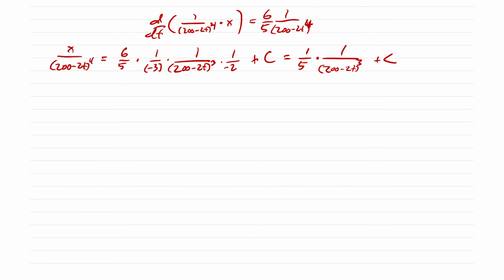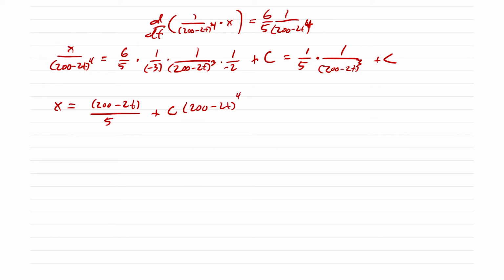Now multiply both sides by the denominator on the left, and we get this. We get (200 minus 2t) divided by 5. Oh, not to the 4th power. The cube on the bottom will cancel that. Right, and then we get plus c times (200 minus 2t) raised to the 4th power.